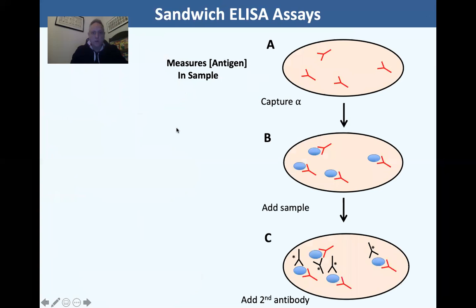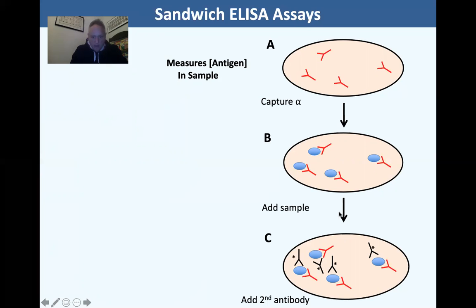So we also go to the sandwich ELISA assay. This measures the concentration of antigen in the sample. And so here what we do is instead of coating with an antigen, we coat the plate with a capture antibody. And then after you add your sample that contains the antigen of interest, you make an antibody-antigen complex, and that is going to hold the capture antibody and the antigen together.